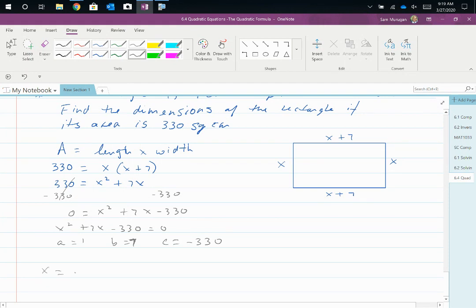So x is equal to minus b plus or minus the square root of b squared minus 4ac, over 2 times a.